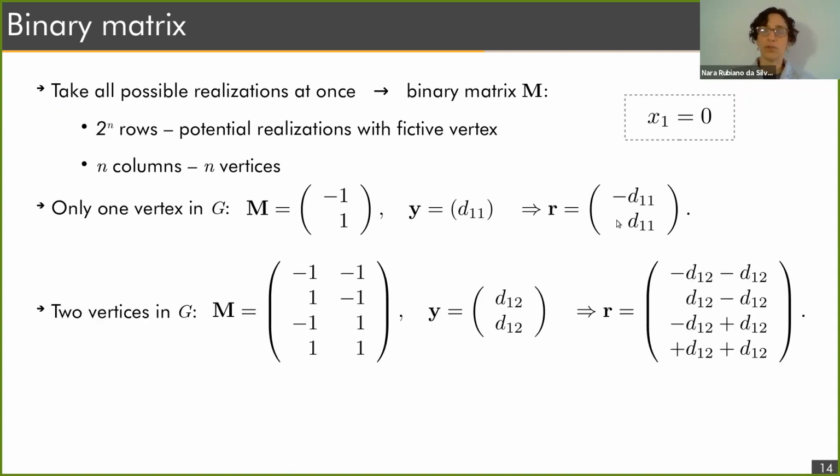Same for two vertices. The binary matrix will be larger now. We'll have 4 rows representing each of the possible realizations, and the multiplication with the distances vector will give us 4 possible realizations. If we look at these binary matrices here, we can note that there are patterns appearing.